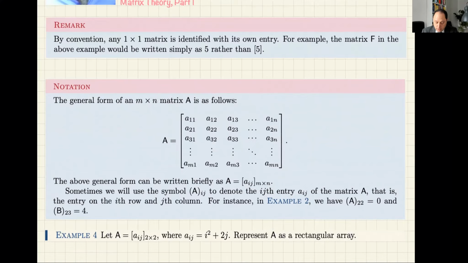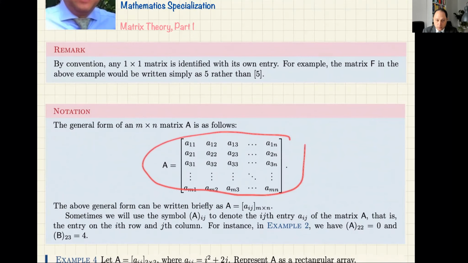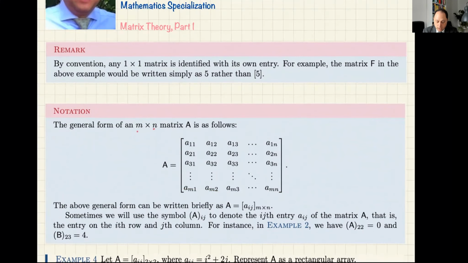Okay, and there is another thing that's also very good to know. A generic m-by-n matrix A is something like this. When I talk about a generic m-by-n matrix, capital A, what you need to imagine in your head is a rectangular array of numbers, and this one is the one sitting on the first row and first column.